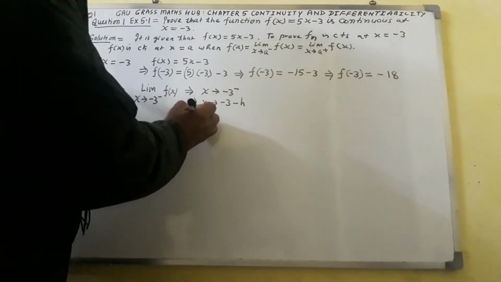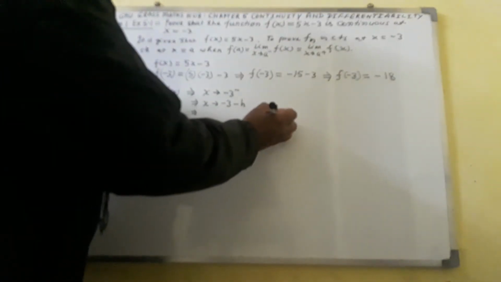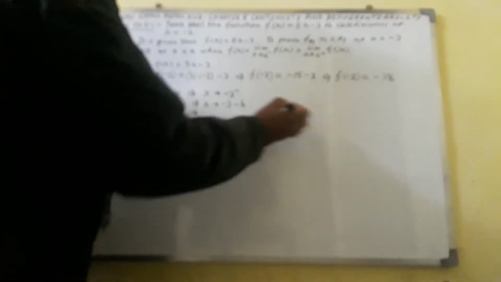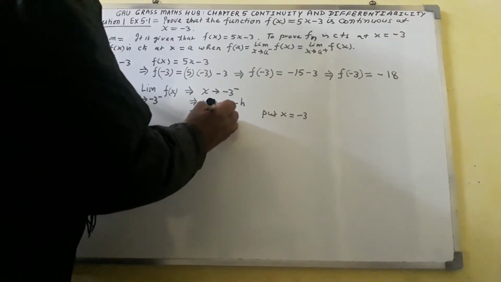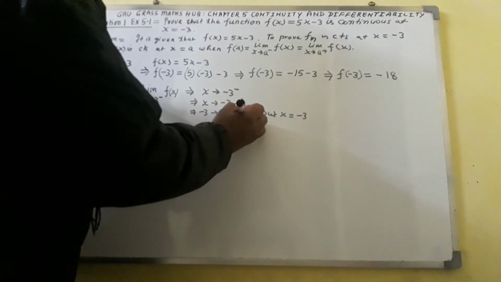Put x equal to minus 3, so minus 3 tends to minus 3 minus h.